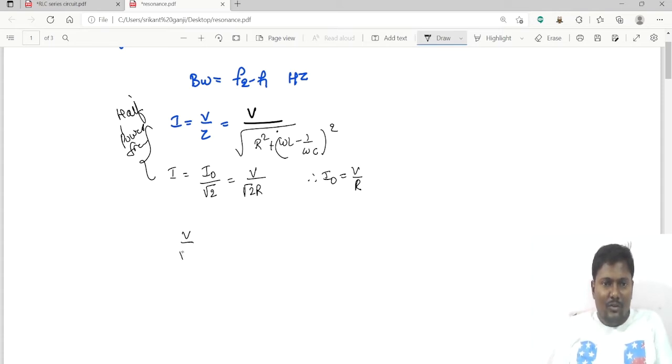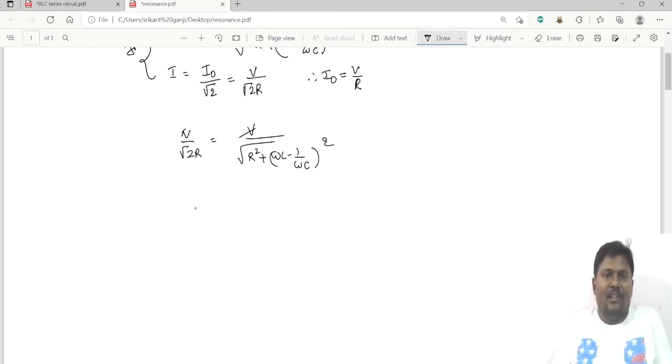So V by root 2 R is equal to V by under root of R square plus omega L minus 1 by omega C whole square, and here V will be cancelled and square on both sides.